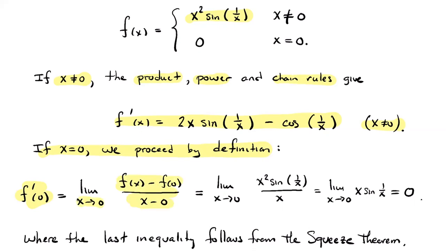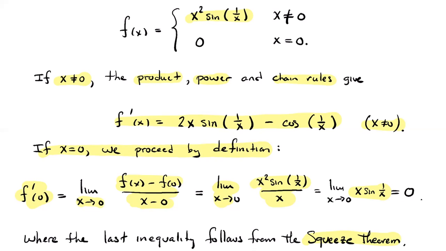But f of 0 is 0, so we take the limit of x squared times sine of 1 over x divided by x. Simplifying algebraically, we take the limit of x times sine of 1 over x, and that limit is 0 by the squeeze theorem. I'll let you check that the function x times sine of 1 over x is bounded, for example, between negative x and x, both of which have limit 0. So this has limit 0 by the squeeze theorem.